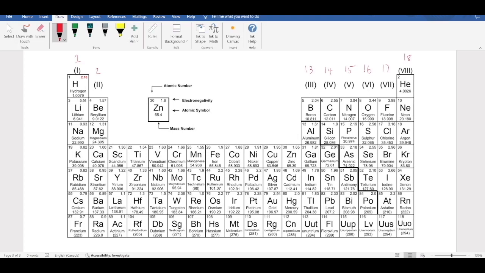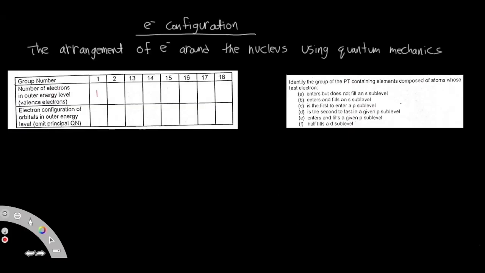So it'll be 3 valence electrons, 14, 4 valence electrons, 15, 5 valence electrons, 16, 6 valence electrons, 17, 7 valence electrons, and 18, 8 valence electrons, except for helium. Helium has 2. Otherwise, the rest of the noble gases have 8. So our answer will just be 1, 2, 3, 4, 5, 6, 7, and 8, with the exception of helium.